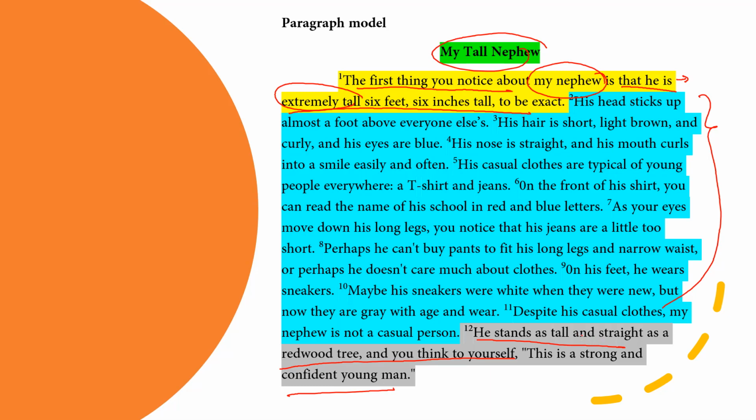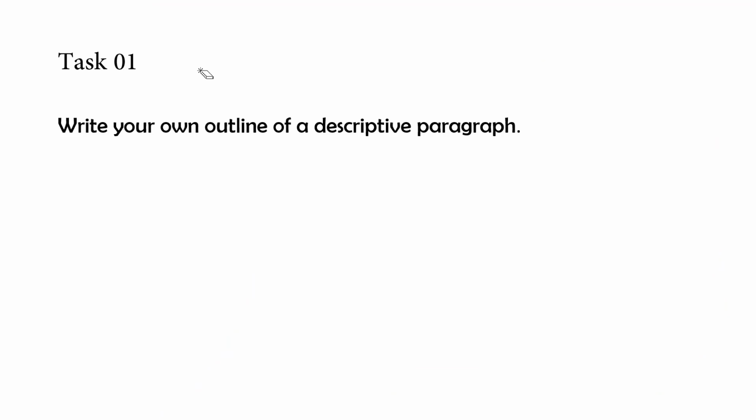So those two are almost the same, but the writer uses different words in the concluding sentence. For this one, write down your own outline of a descriptive paragraph that you have made before, some weeks ago perhaps.